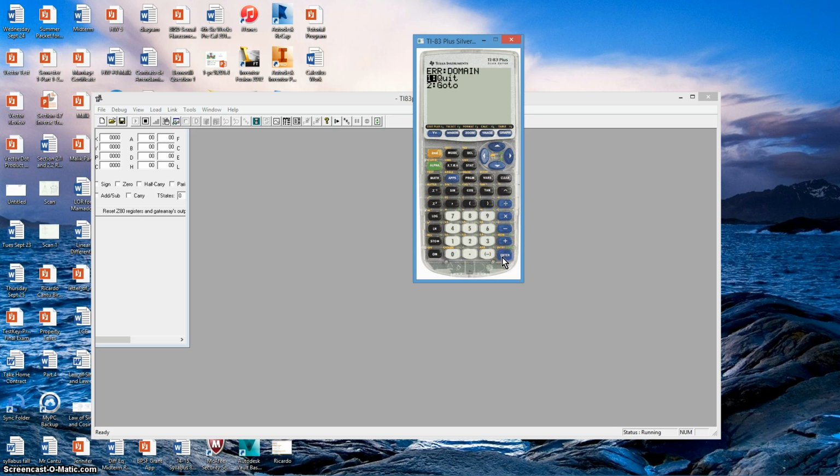And we get another error, but this time it says domain. Still no biggie, so we're going to write error. Now let's take the natural log of 1. Let's see if we can get a value for that one. Yep, we start getting values with the natural log of 1.